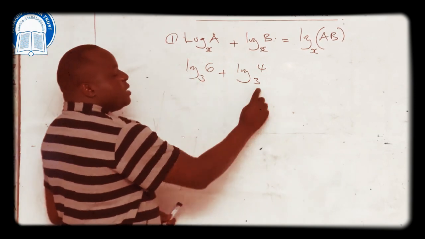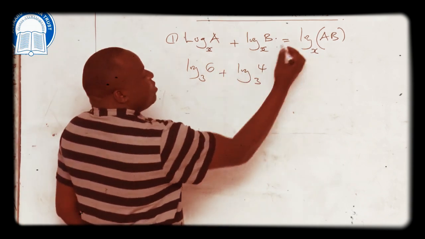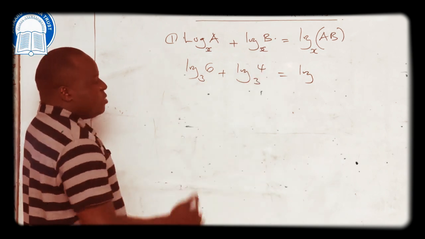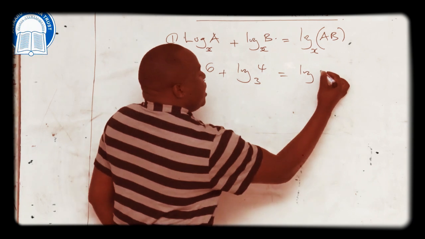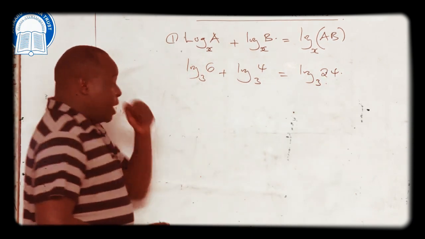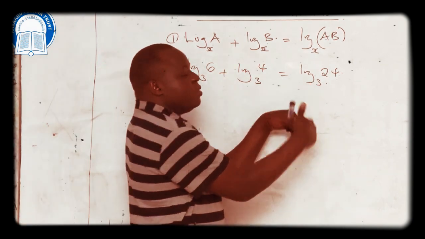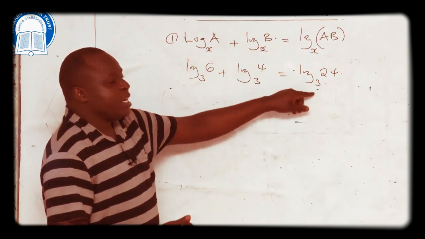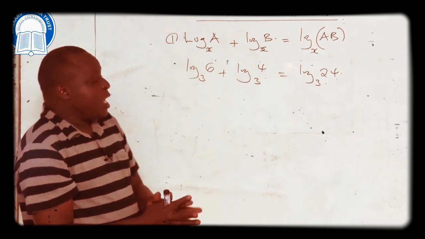So since the bases are the same, we can actually add this. And according to this law, the answer should be to multiply the respective logs, which is 6 times 4. 6 times 4 is 24. Then remember to show your base. If you don't indicate the base, then it means you've changed the base to 10, which would be wrong. So if the base is not 10, you have to make sure that you indicate the base all the time. So this is a basic example.